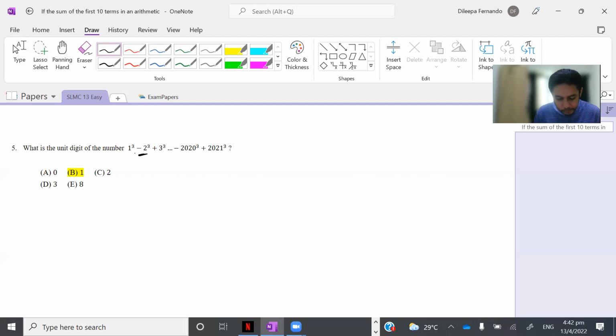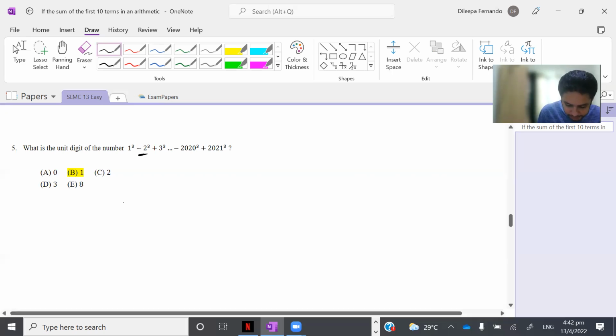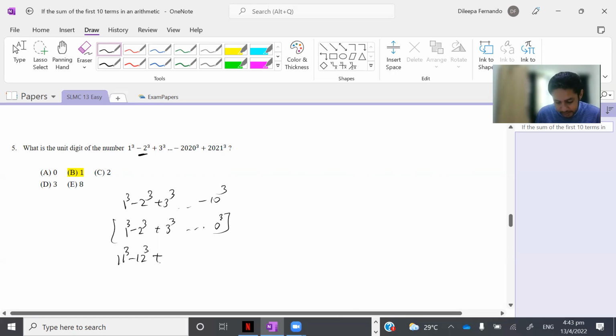For example, in this case, you can see the pattern because we are asking about the unit digit. If you consider the terms from 1 to 10, the unit digits are always like 1 cube, 2 cube, 3 cube, and so on, and finally 0 cube. Can you observe that when it starts from 11 also, the unit digits of these numbers are equal?